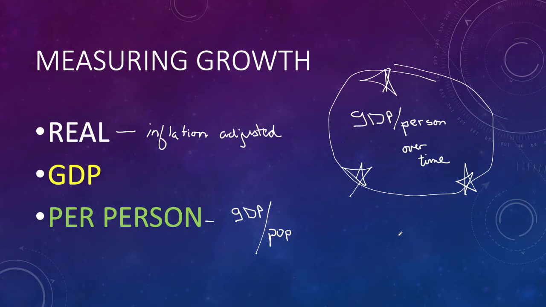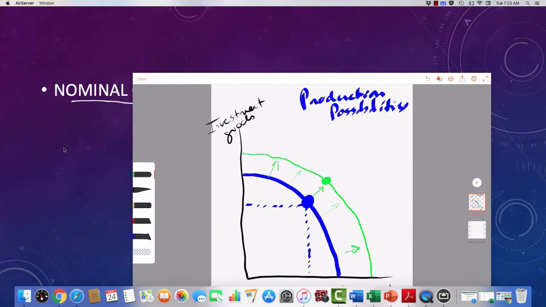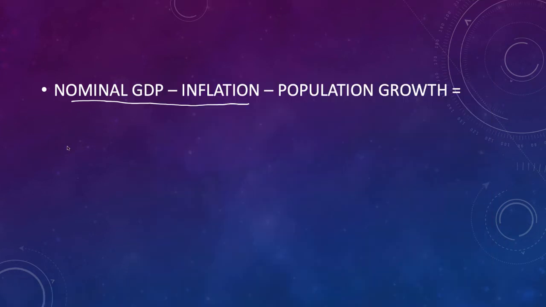Now, there's a lot of calculations that we can go through to try to figure this out. But the simplest way of evaluating this is through a fairly basic equation. In fact, we've used this first part of the equation already in our class. Nominal GDP minus the inflation rate.